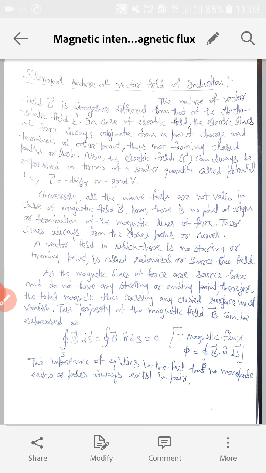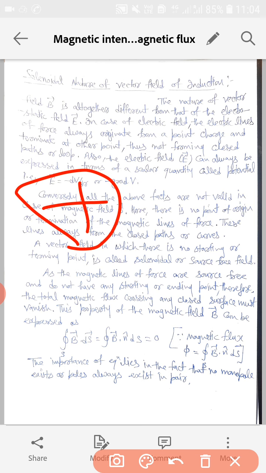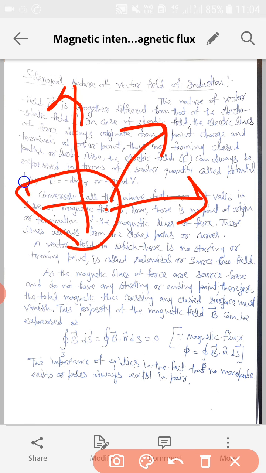The nature of this magnetic field vector B is altogether different from that of the electric field vector E. In case of the electric field vector, we know the electric field lines of force always originate from a point. If we talk about a positive charge, these lines will start from this charge and go radially outward.